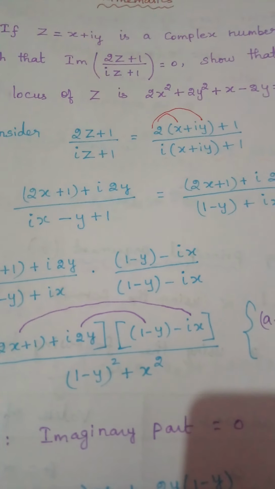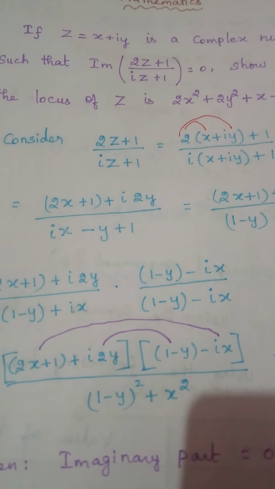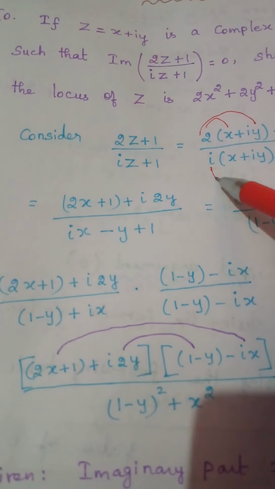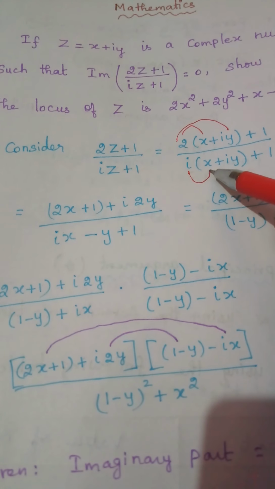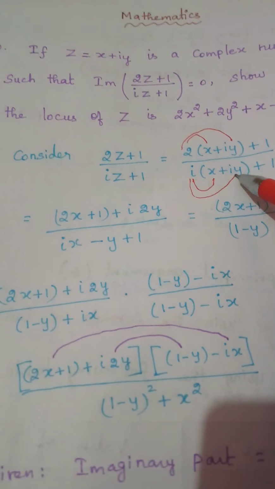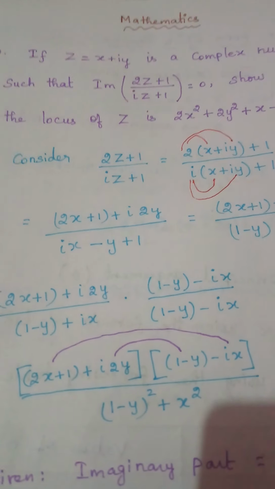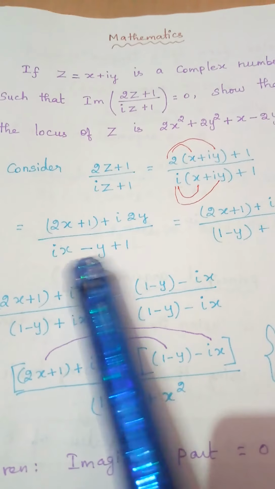So what I'm doing is splitting real and imaginary part. In the same way, if I bring this i to x, it becomes ix. If I take i to iy, what happens? i square y. i square y means minus y.